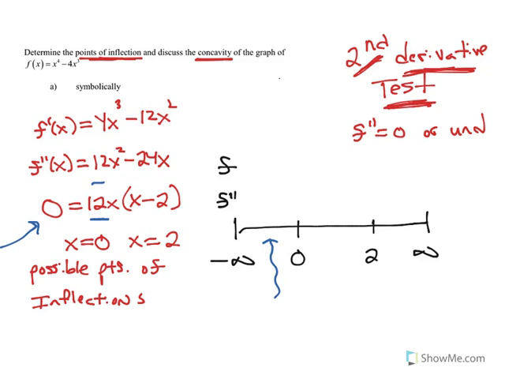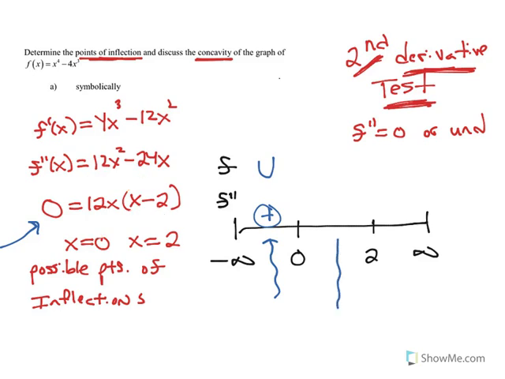And if we put a negative 1 into this factor, that's going to be negative 1 minus 2, so it's going to be negative. And a negative times a negative is going to be a positive. So a negative number on the first factor multiplied by a negative number on the second factor is positive. So what does that tell us about f? f must be concave up on the interval from negative infinity to 0.